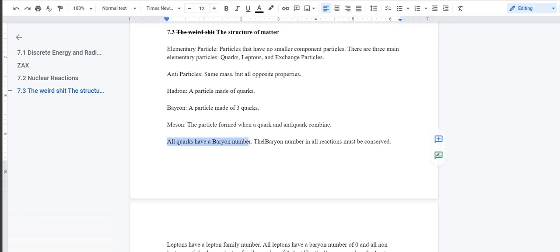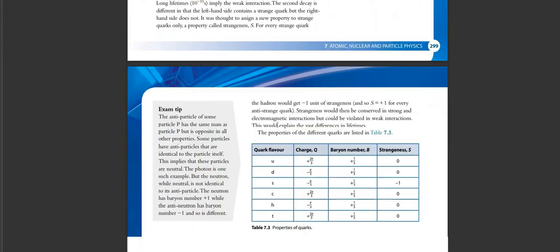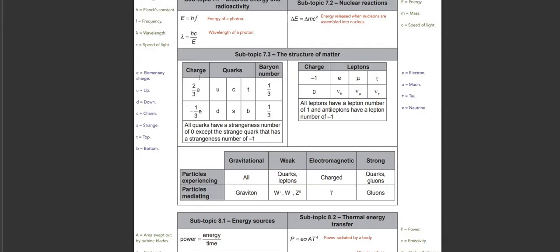So all quarks have baryon numbers. The baryon numbers in all reactions must be conserved, just like mass. Now, the table I just showed you about the properties, you don't need to remember them. It's all in the data booklet over here, as you can see. So it's telling you which quarks have the charge 2 by 3e, and all of them have the baryon number 1 by 3, and which has minus e by 3.